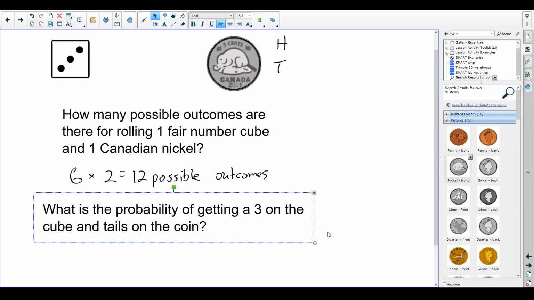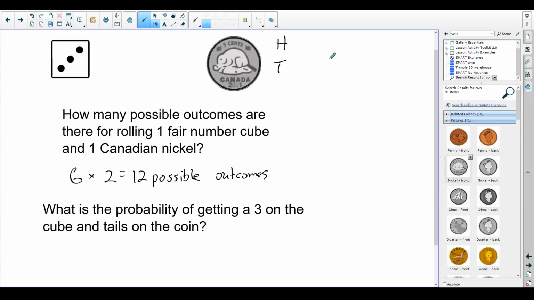Its probability we write as a fraction. What is your chance of getting a 3 and tails? Oh, Momo got it right. Good job, Momo.